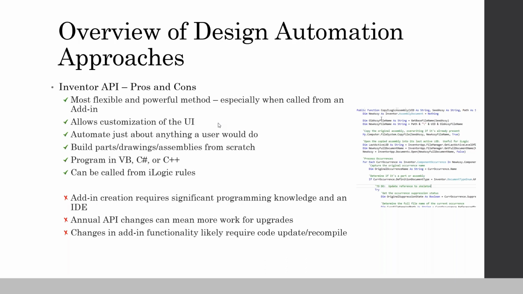And because it's compiled, it usually is harder to maintain. You've got programming references in there, and sometimes when you upgrade Inventor, the API changes. There's a lot there. So it's extremely powerful.